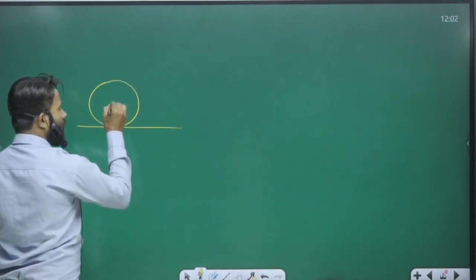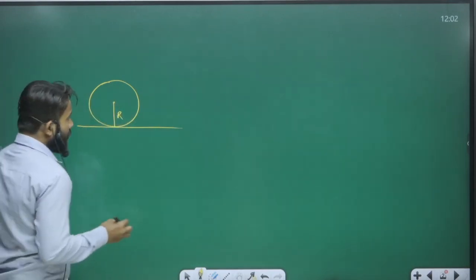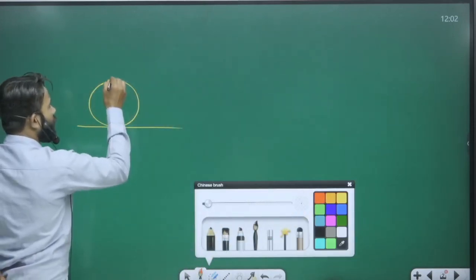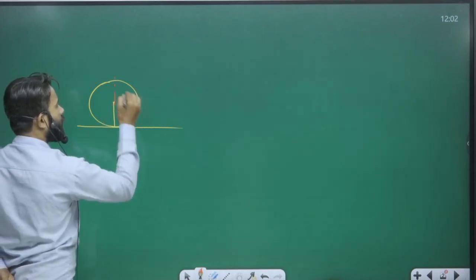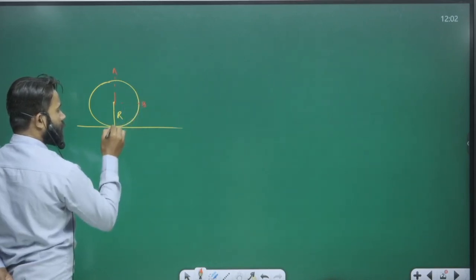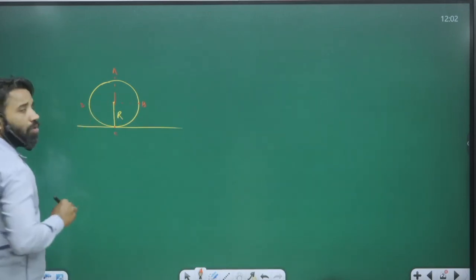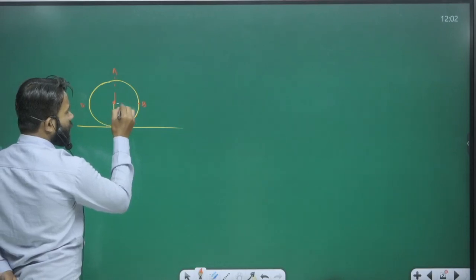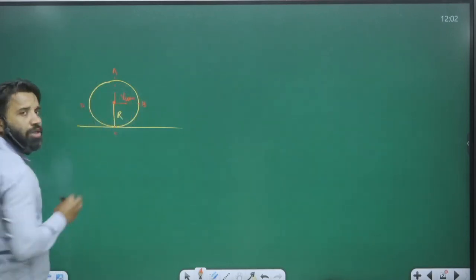The disk has radius R, and the points on this disk are named A, B, C, and D. Now the center of mass of this disk has some velocity v com.